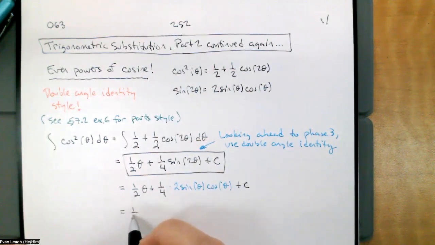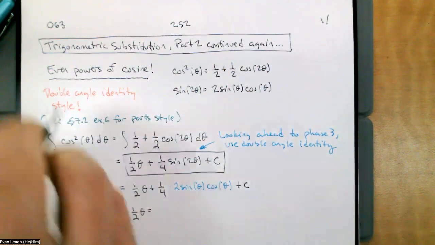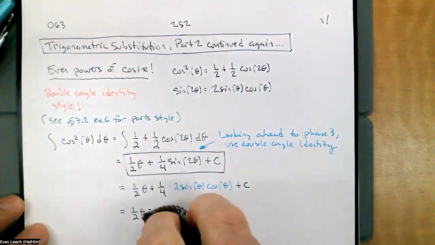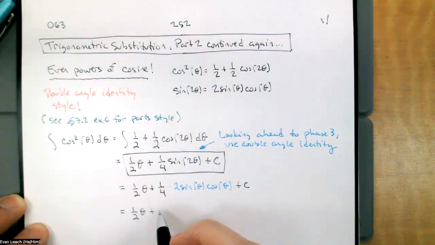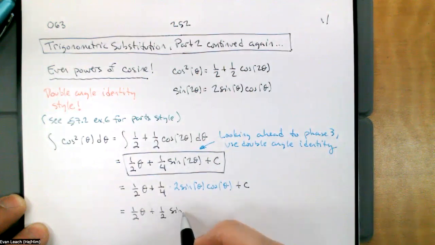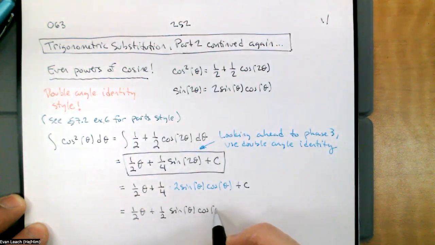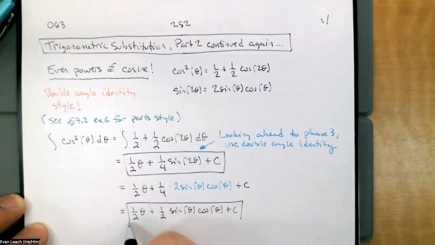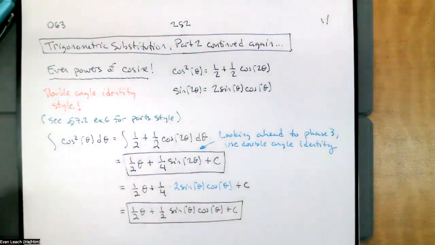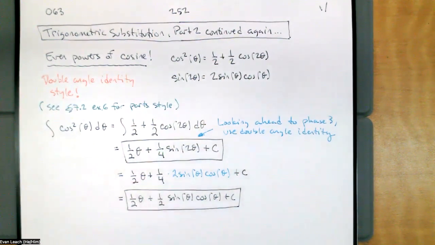And so we'll end up with a 1/2 theta plus a 1/2 sine theta cosine theta. Double angle in, double angle out.